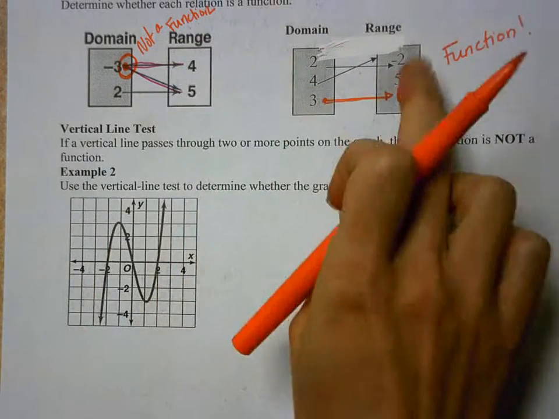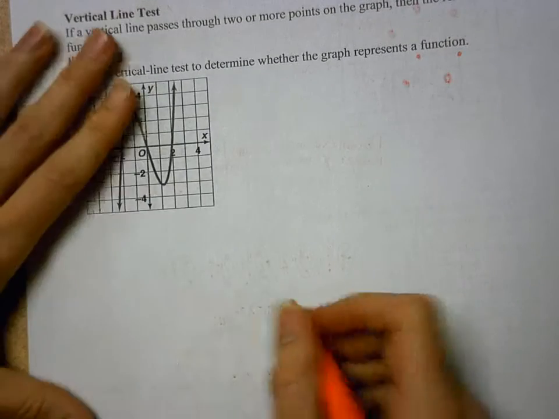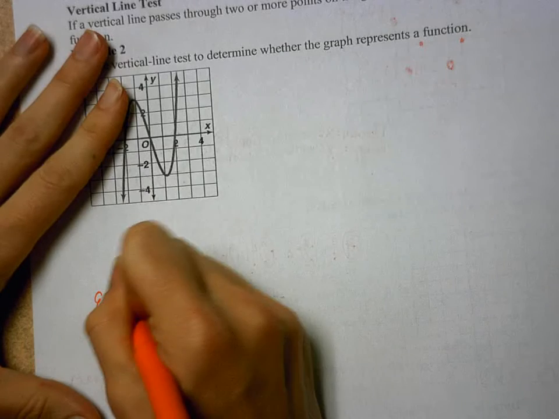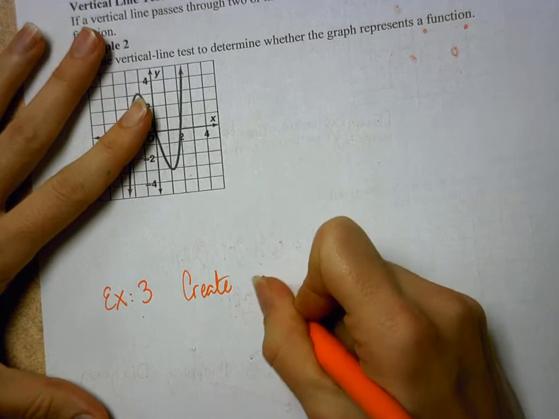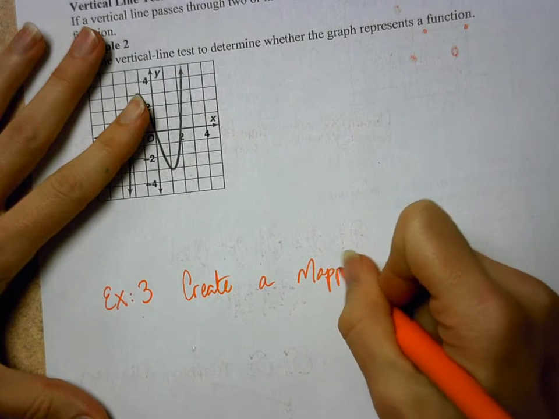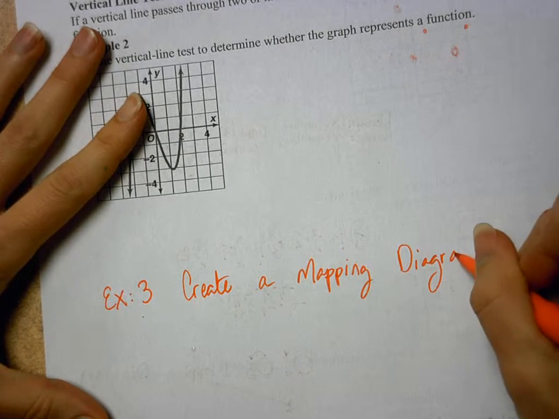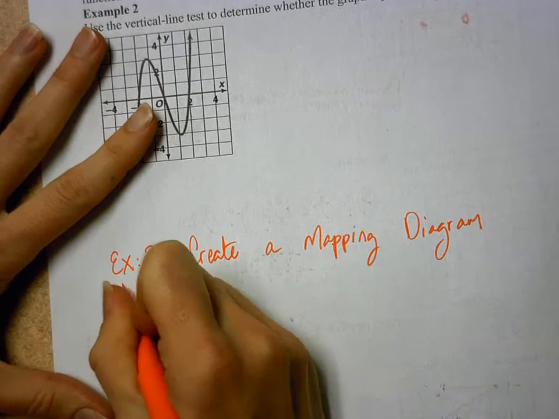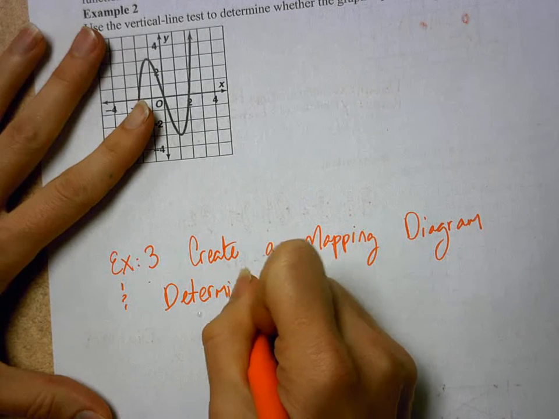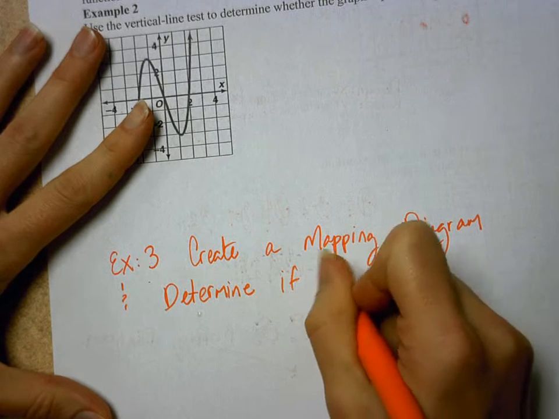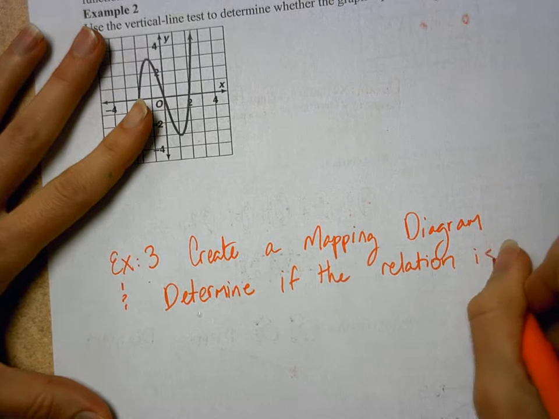Okay, I don't like that this was copied wrong, so let's go ahead and create another example. So go ahead and just call this example 3. I'd like you to create a mapping diagram and determine if the relation is a function.